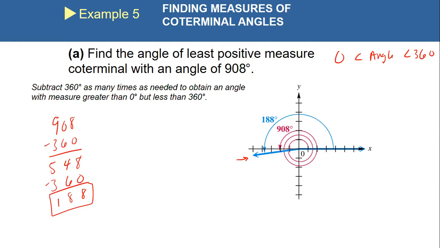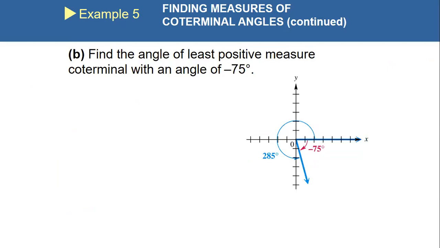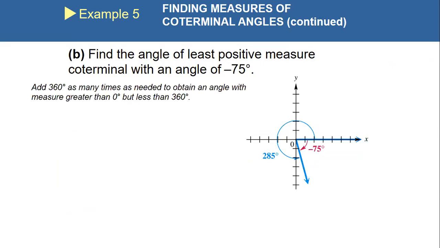Now, what if I start off with a negative? I'm going to be adding 360. My goal is still for that angle measure to be between 0 and 360.